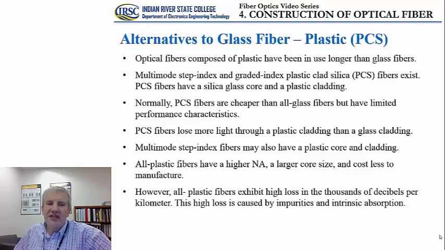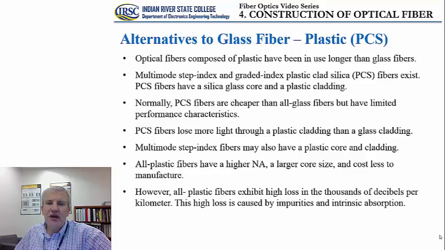So obviously plastic has more loss, so it's going to lose more light during propagation through that type of plastic-based core. In this case, we are talking about higher numerical aperture, larger core size, and cost that's less compared to the glass-based optical fibers. So there's a whole bunch of advantages and disadvantages.